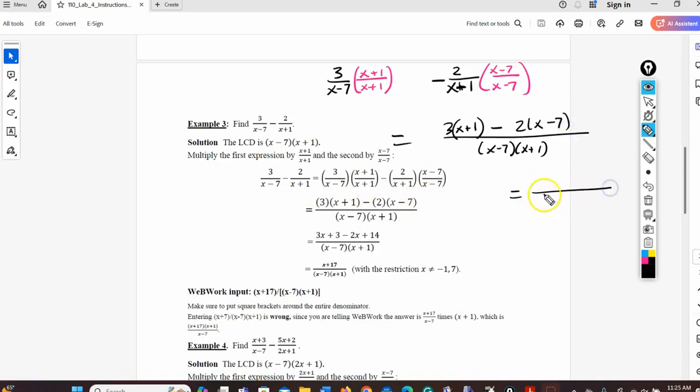Then on the next line, you can multiply it through, distribute it through. I'm going to have 3x plus 3. Then minus 2x. And then minus 2 times negative 7 will give me positive 14.